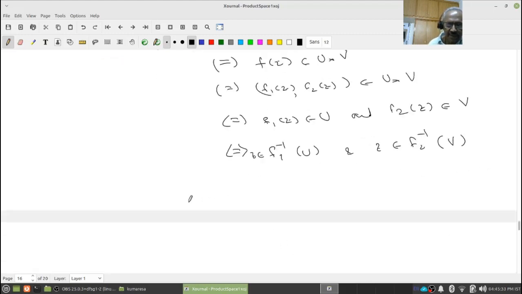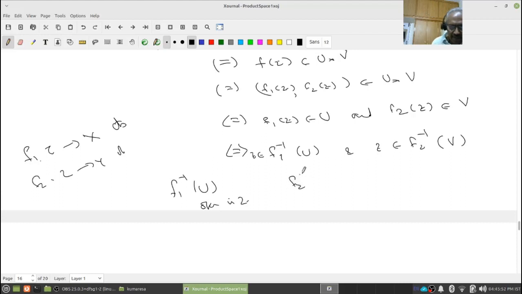Now what do I know about f1 inverse of U? Remember f1 is from z to x, and it is continuous. Similarly, f2 from z to y is continuous. Therefore, this is an open set in z, and similarly f2 inverse of V is an open set in z.